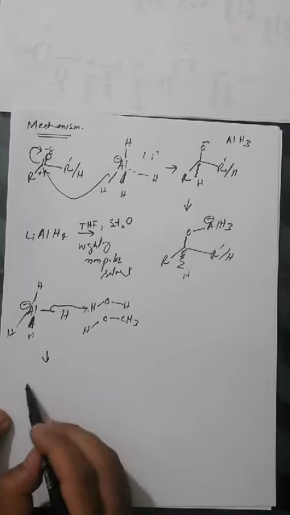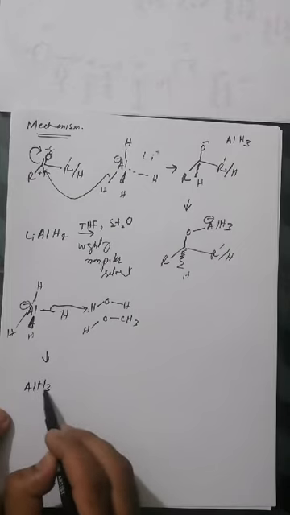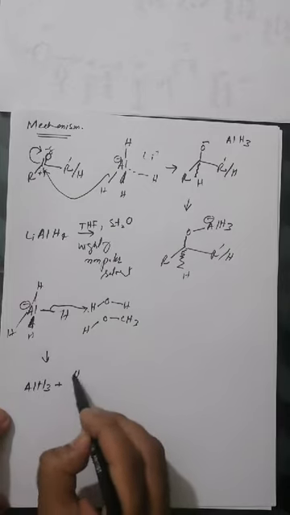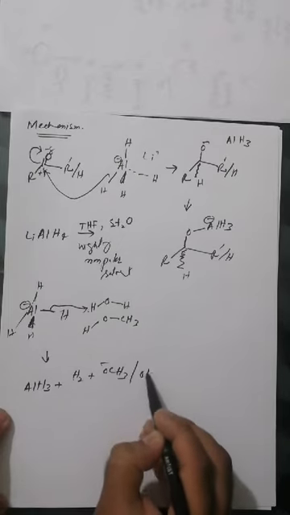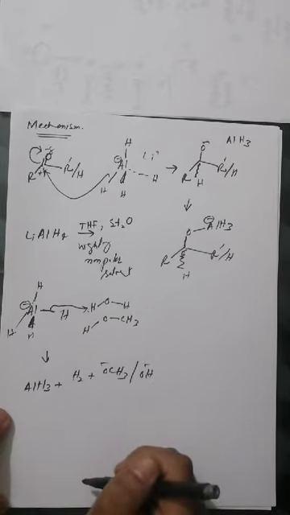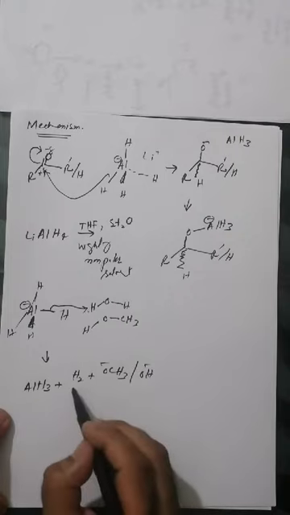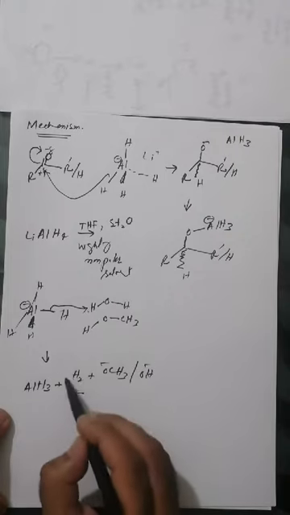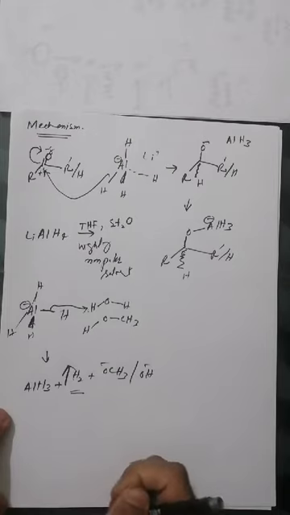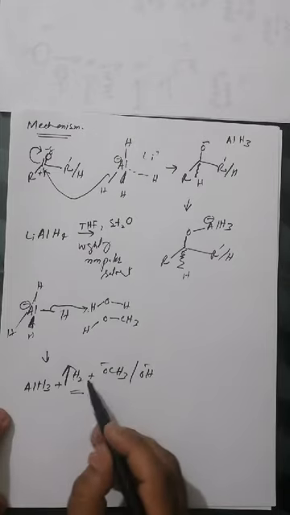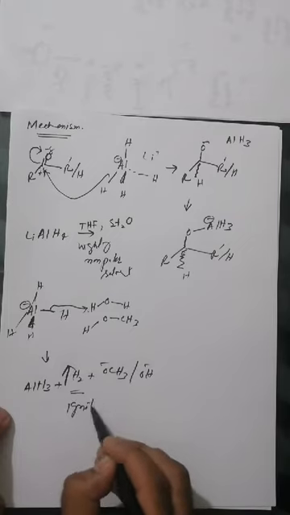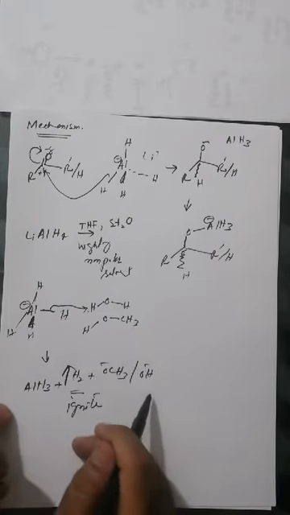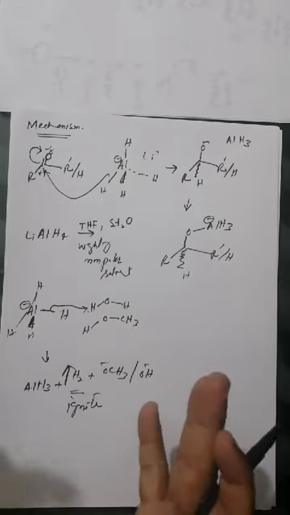So you will have AlH3, hydrogen and O negative, or hydroxide ion, and this hydrogen releases from the system and it may ignite, so your whole reaction will burst into fire.